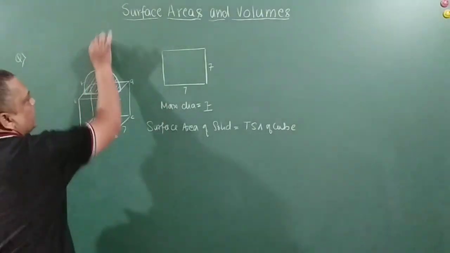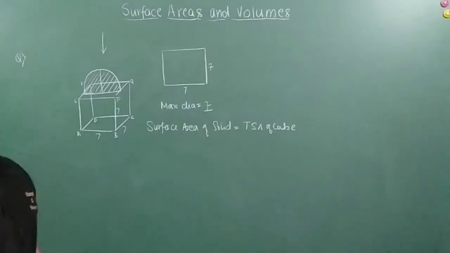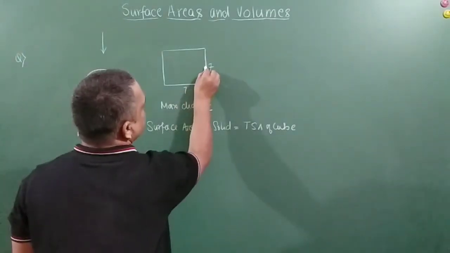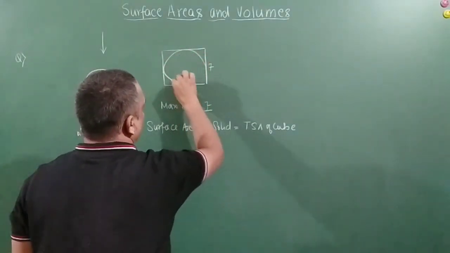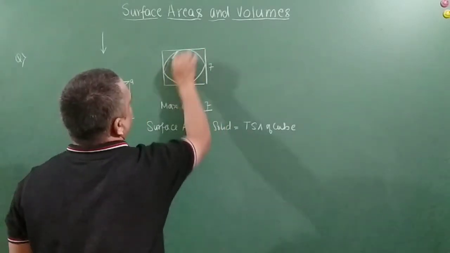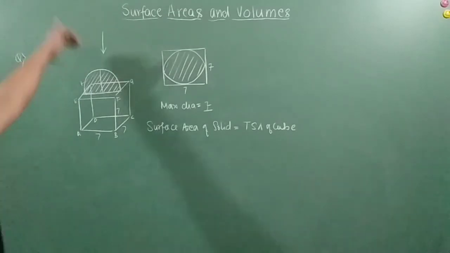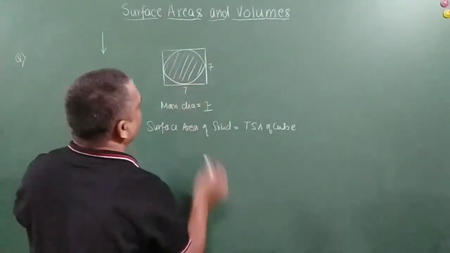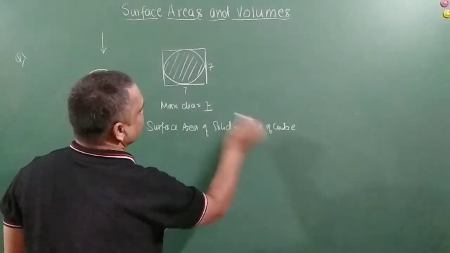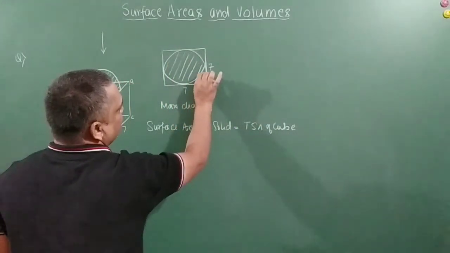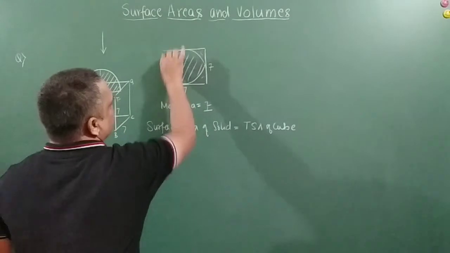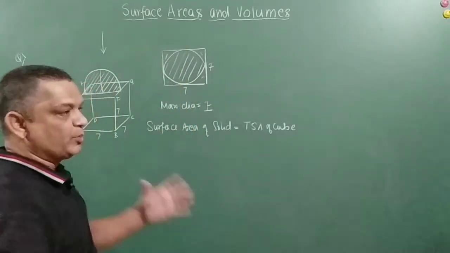You have to view it from here, right? And in this there is a circle which is fitted like this, correct? This is what you are going to see when you view it from the top, right? So now I need to find out this area, because the total surface area has covered this completely.